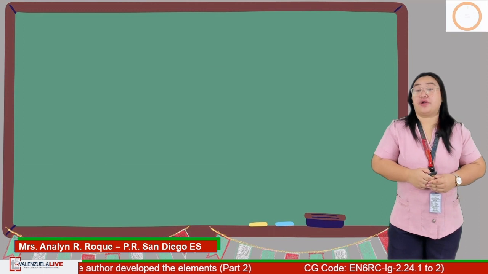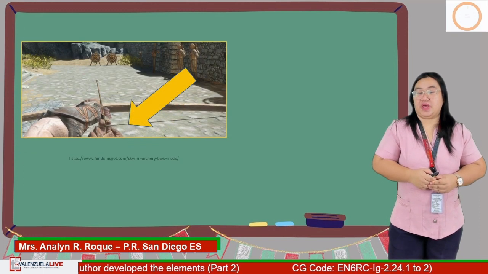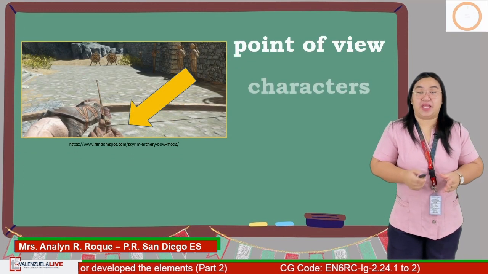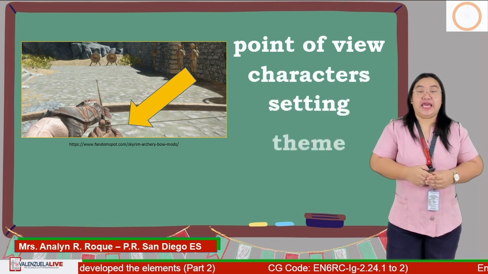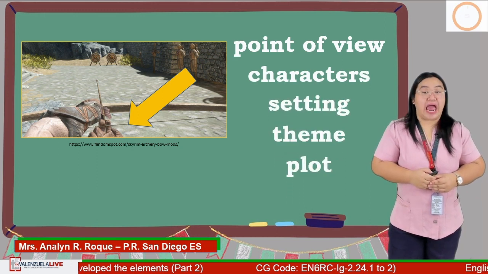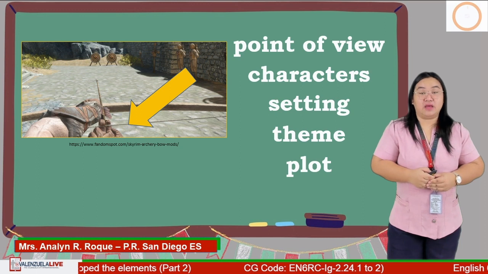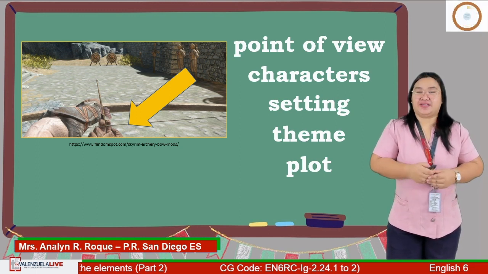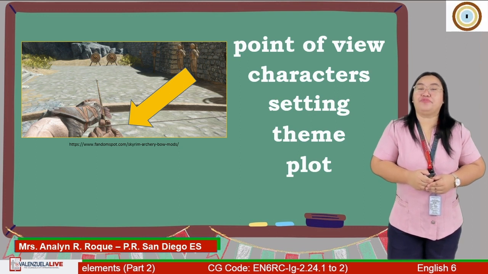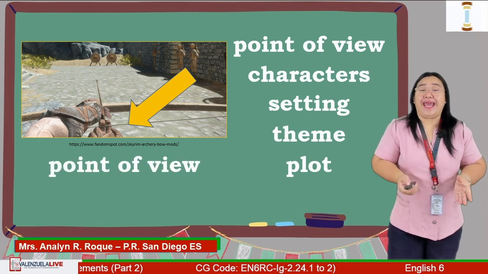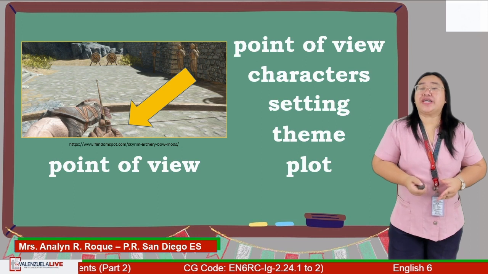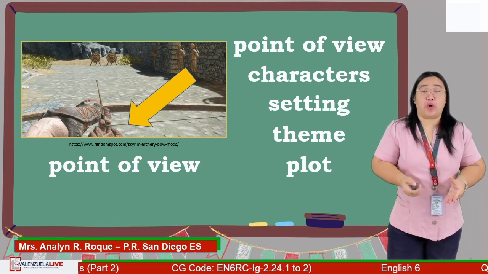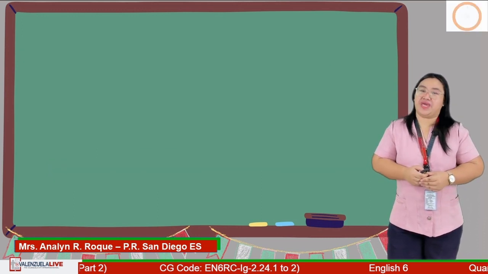How about our third picture? What do you think is this element of the story? Is it point of view, characters, setting, theme, or plot? Correct. It is an example of point of view. When we play games online, we become the characters and see the story unfold right before our very eyes.